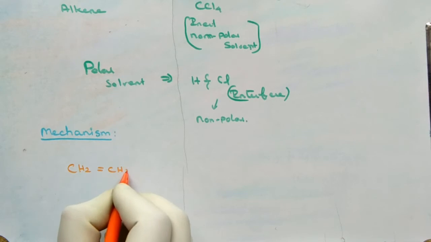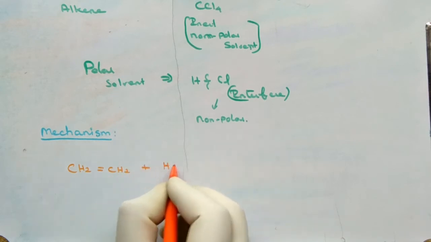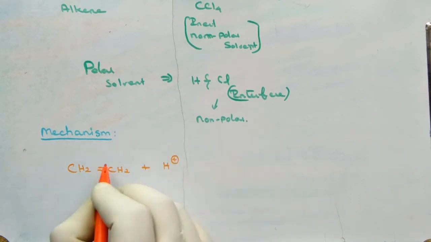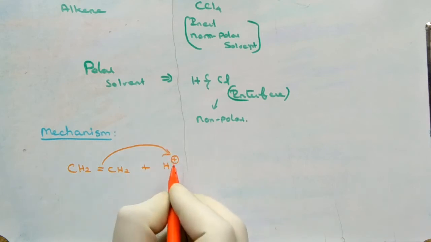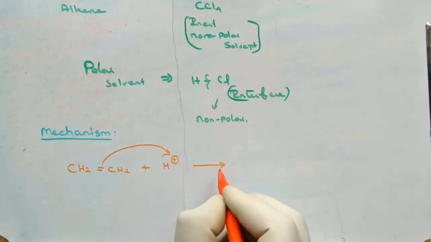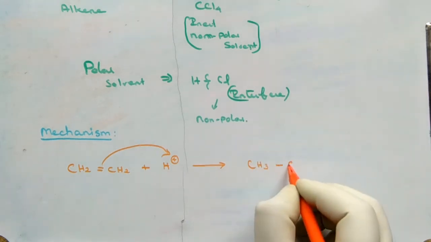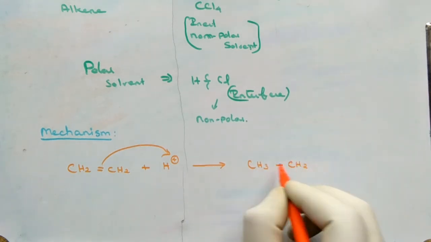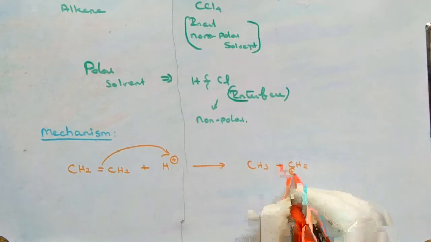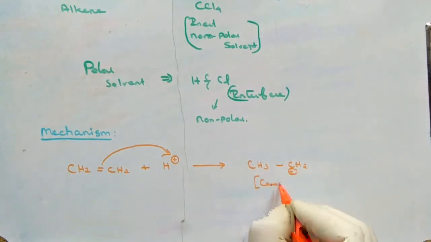So CH2=CH2, when it reacts with hydrochloric acid, initially the hydrochloric acid will be dissociated into hydrogen and chlorine. The pi bond will attack the electrophile and we will get a carbocation intermediate in this reaction.